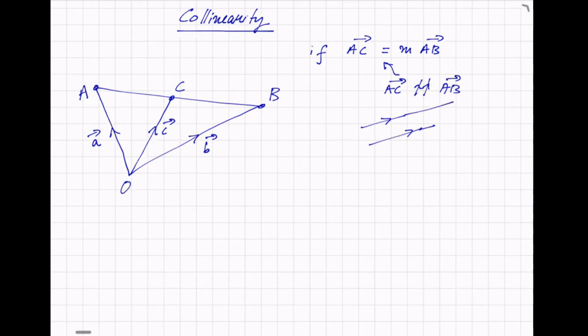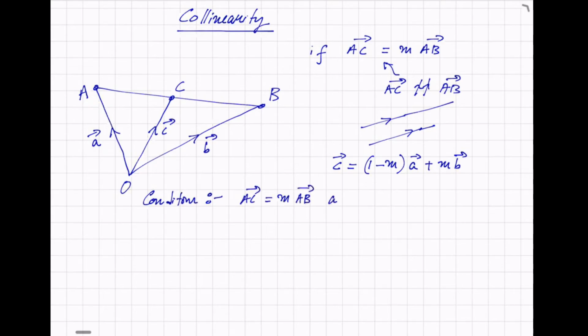Okay. Now, collinear means on the same line. So there is another condition to be satisfied if they are collinear. That would be this: C vector should be equal to (1 minus m) A plus m B. If this happens, they are collinear. So for collinearity, the condition would be that AC vector should be written in terms of m times AB.